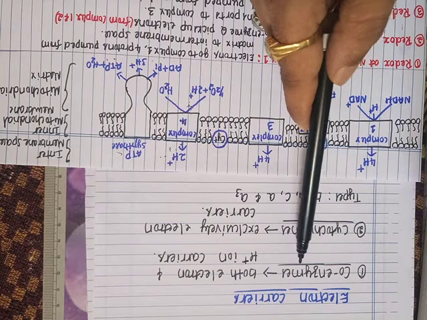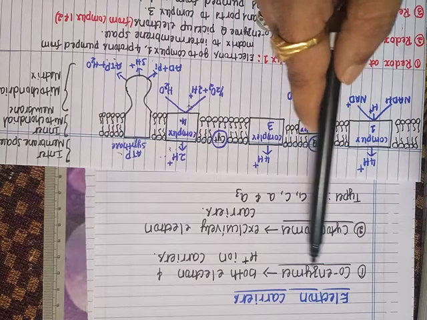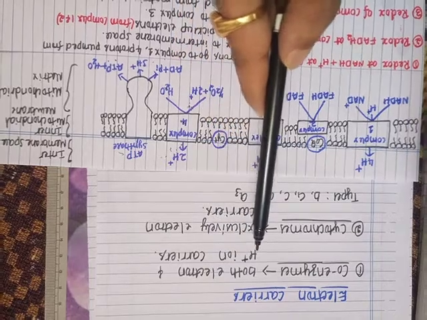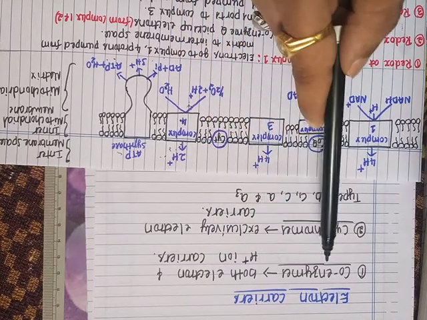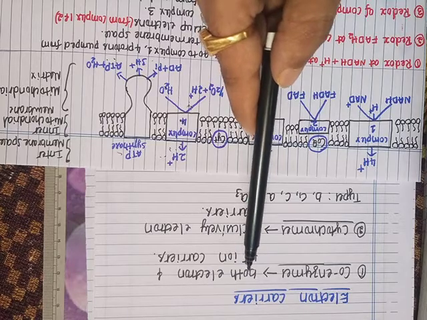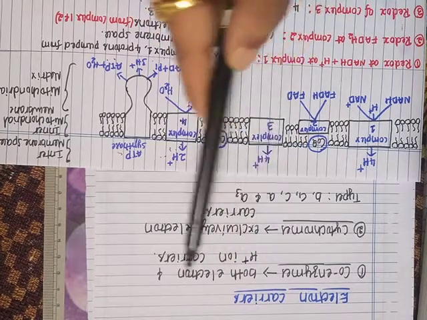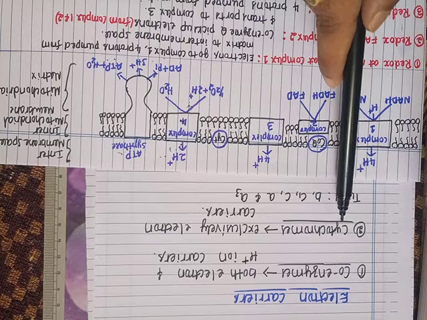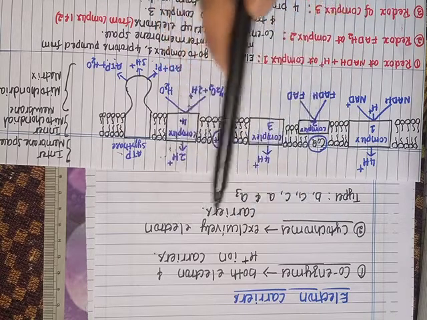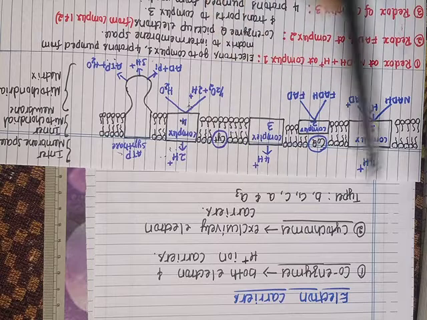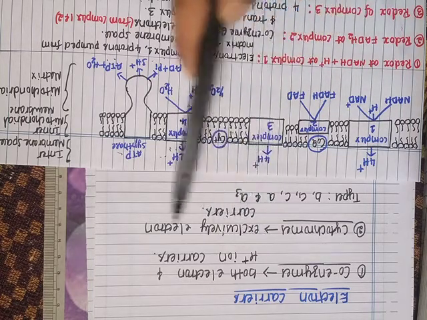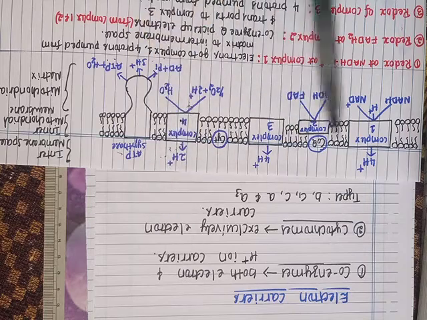The coenzymes carry both electrons and protons. The cytochromes are exclusively electron carriers; they do not carry H+ ions, the protons. They carry only electrons.